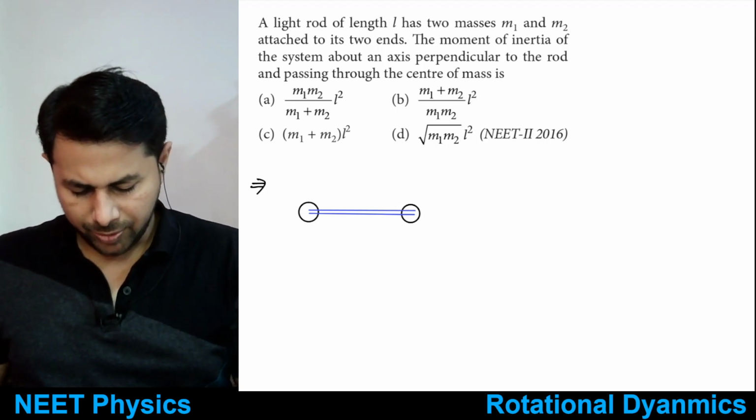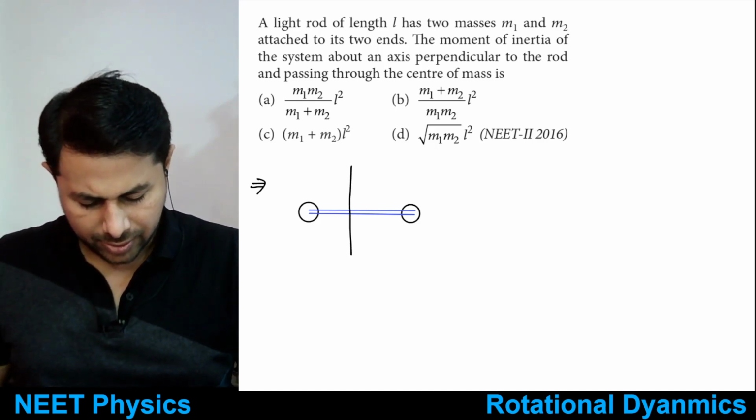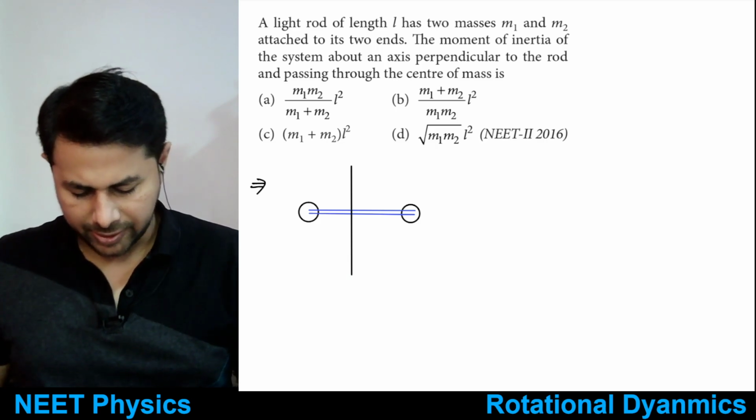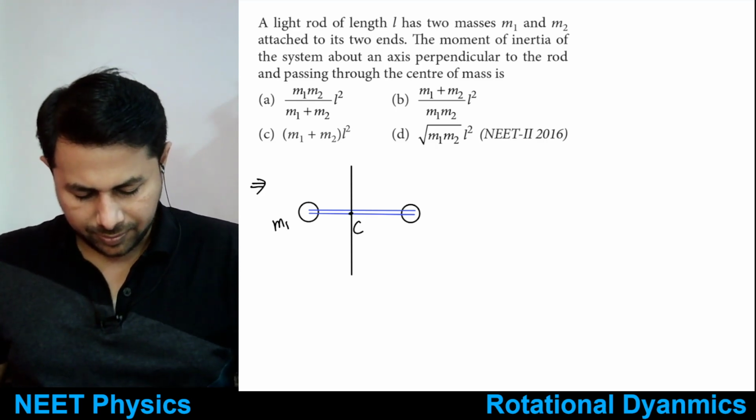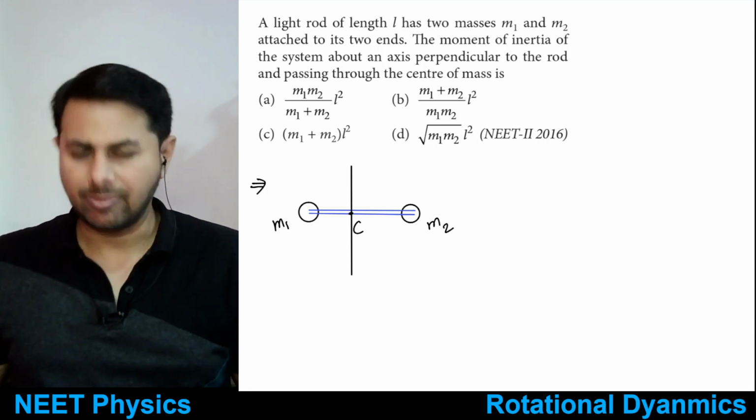Suppose we want to find out its moment of inertia about an axis passing through the center of mass. So you can say this point is C, the center of mass. This is m1, this is m2.